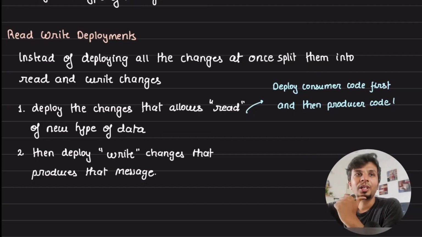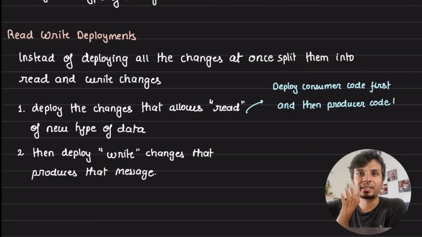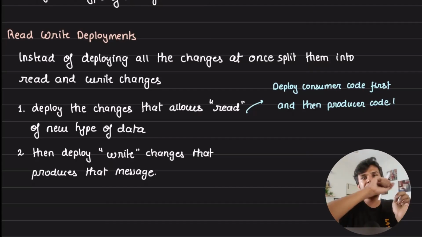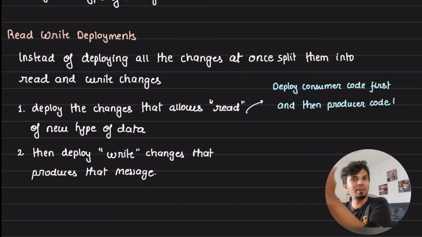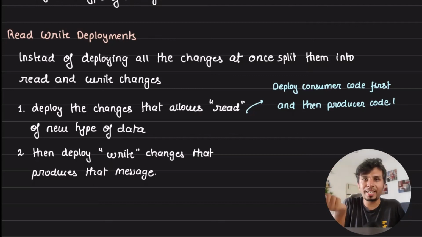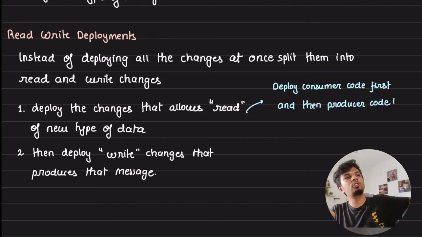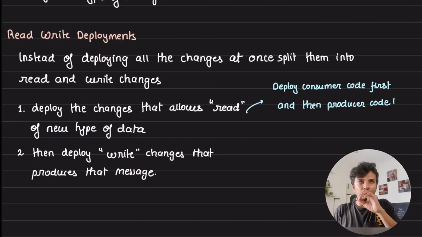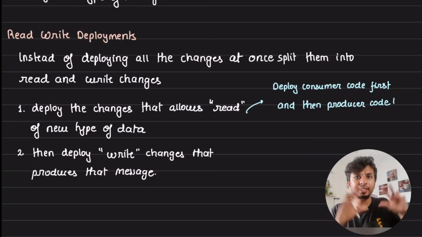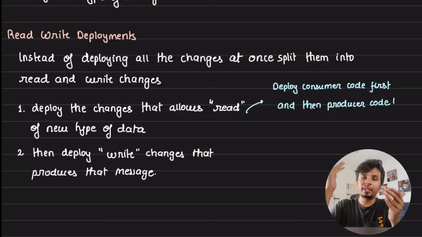Simple. So splitting your deployment into reads and writes is really essential. This way you handle everything with grace, because even if some machines send the new version of the message, you have the reader available on all the machines that know how to read that type of message, and slowly your changes get rolled out to all other machines anyway, right? So what DynamoDB calls read-write deployment splits the deployment.